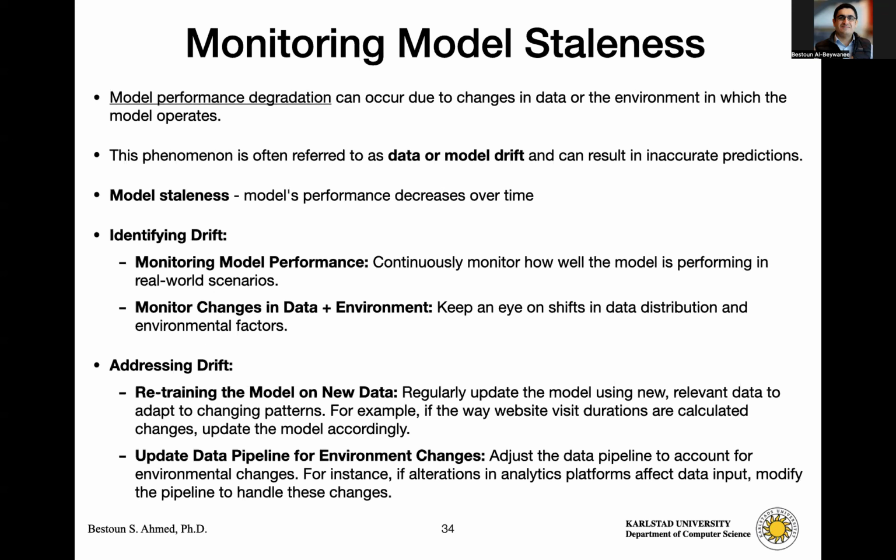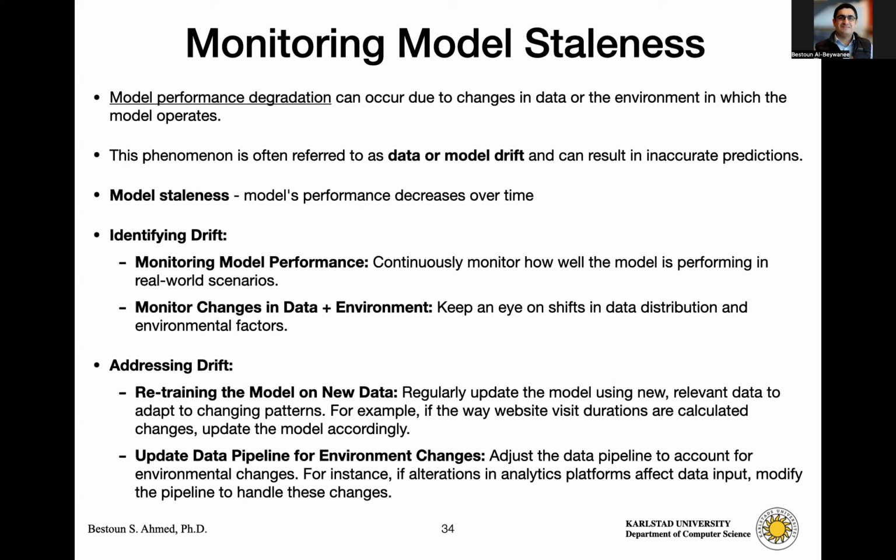One of the things that we have to do during the development and deployment is the monitoring of the model staleness. This basically means that when the model performance degrades and comes down, this happens due to several issues.